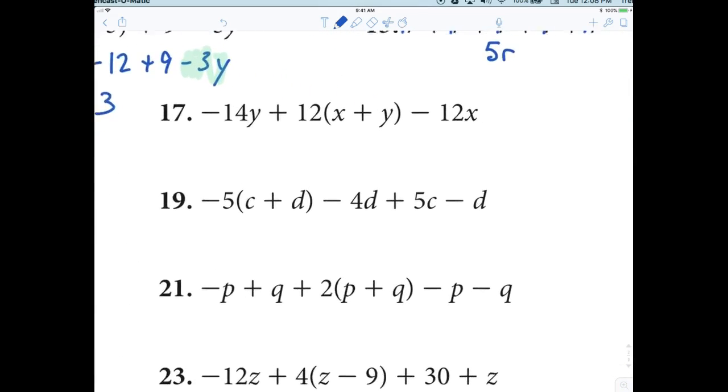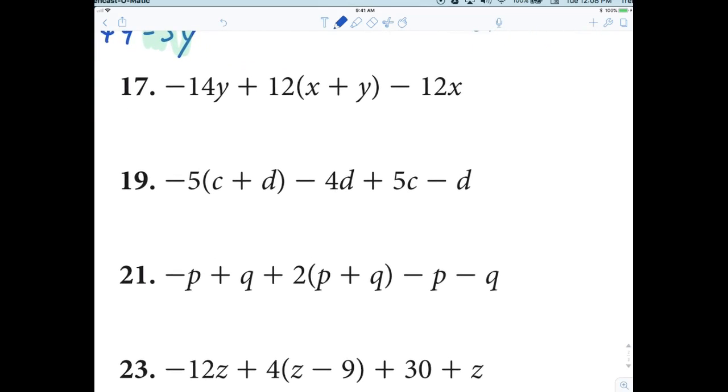All right? I would have put 0x if it was 0x. Caroline, what do I have to do on 17? All right, so you distribute 12 for me. You're awesome, girl. Very, very good. Combine terms, what do I get?